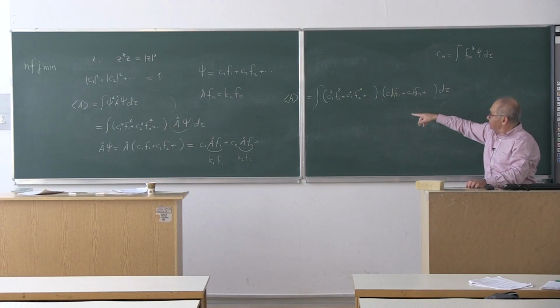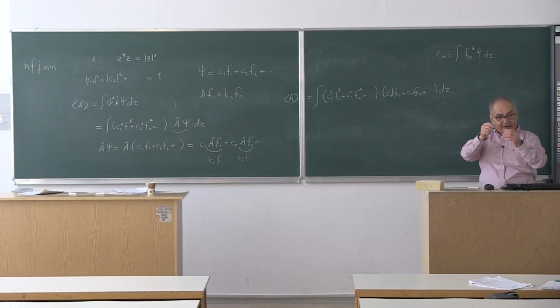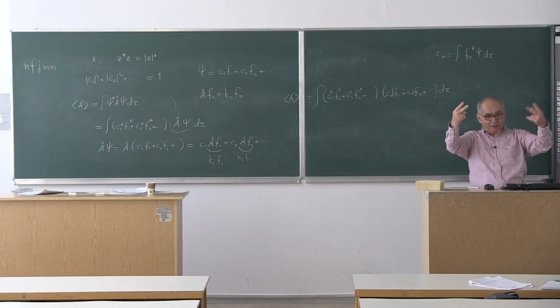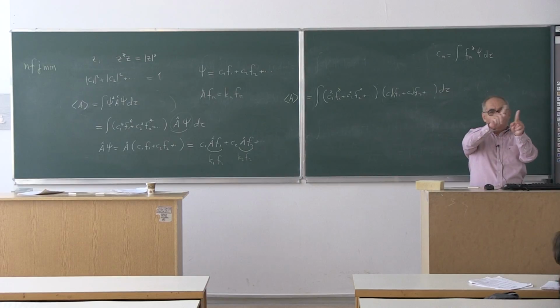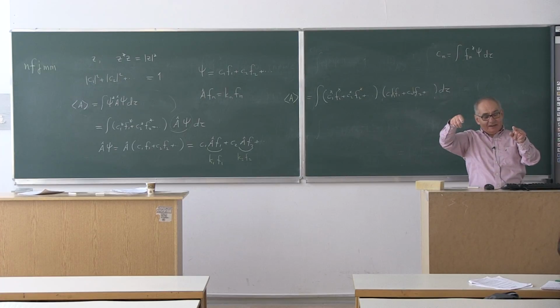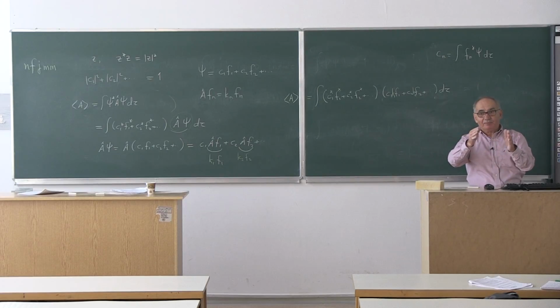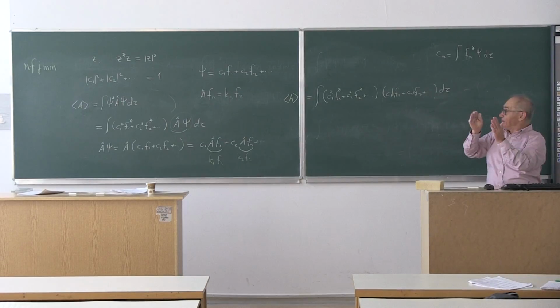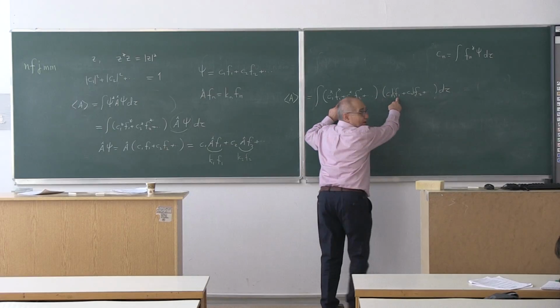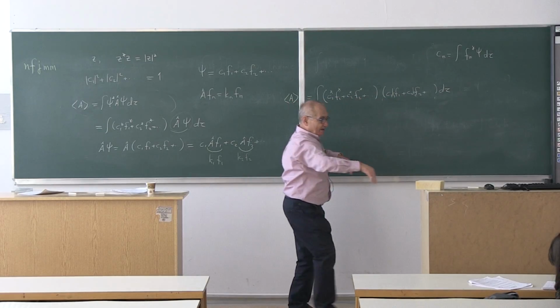So if you imagine this, multiplying and then obtaining the integrals will give two types. One type of integral has two different functions multiplied in the integrand, and the value of the integral is going to be 0 because of orthogonality. The second type of integrals will contain the same function, for example, F1 star times this F1.